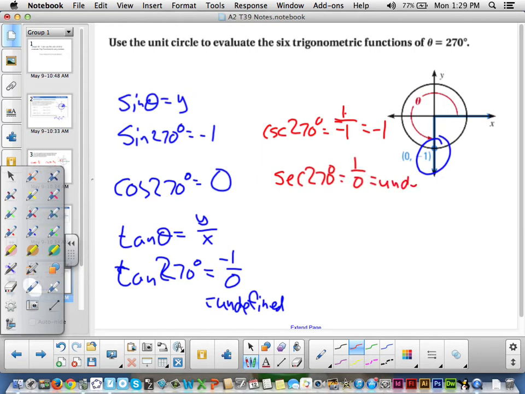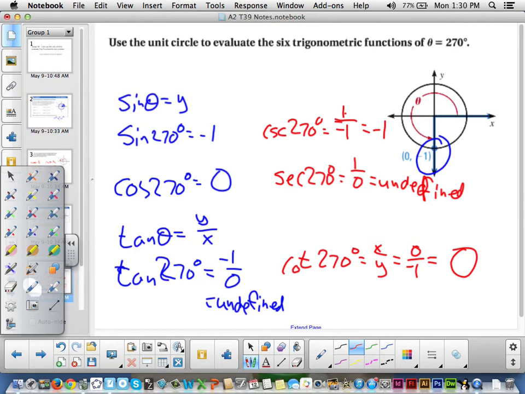Secant of 270 is undefined. And the cotangent of 270. All right, well, 1 divided by undefined doesn't really work. Let's just flip y over x. Flip it, get x over y. The x value is 0 divided by negative 1. 0 divided by negative 1 is 0.